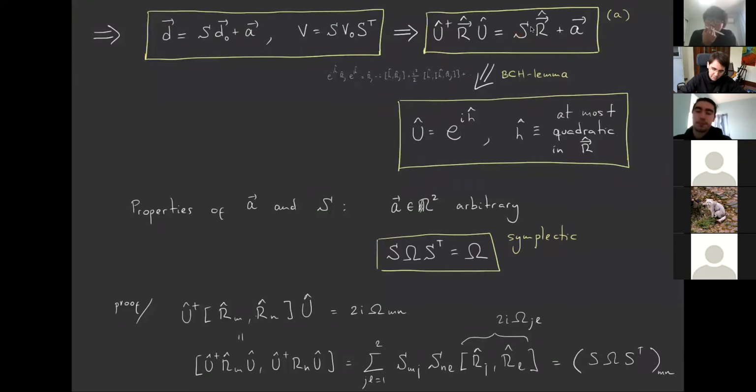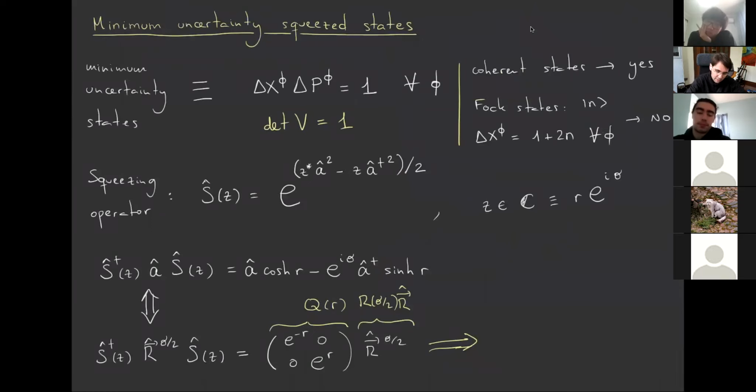So for our Gaussian unitary, we have to find what are these A and S. And it's very simple to see that for our Gaussian unitary, A is equal to 0.